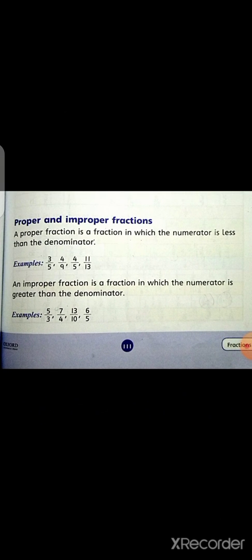Proper and improper fractions. A proper fraction is a fraction in which the numerator is less than the denominator. Examples are 3 over 5, 4 over 9, 4 over 5, 11 over 13. All the numerators are smaller and all the denominators are greater. So when the numerator is smaller than the denominator, the fractions are called proper fractions.